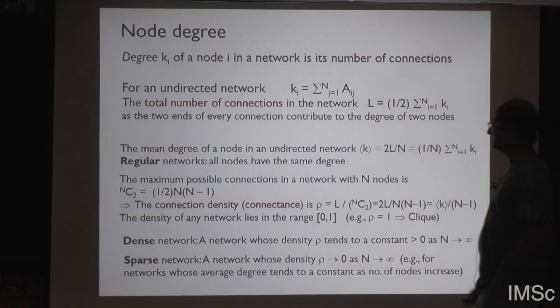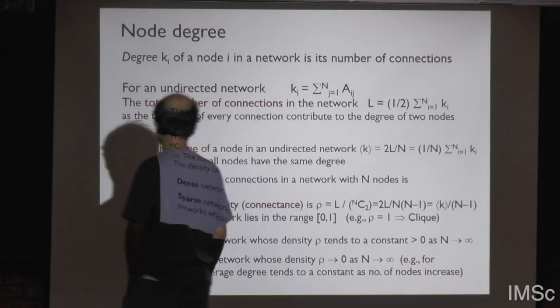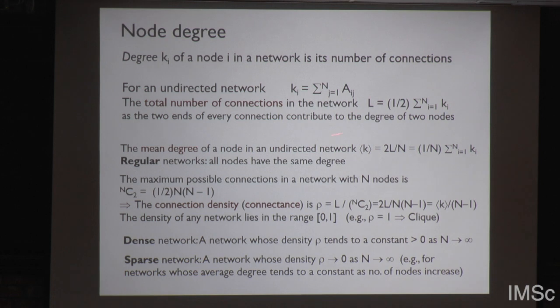So let's look at degree in some more detail. Okay? So as briefly mentioned in yesterday's lecture, you can calculate the degree of any node simply by taking a row sum or a column sum of the adjacency matrix for an undirected network. Okay? And the total number of connections in the network, as we saw in the beginning of today's lecture, is simply that you sum over all the degrees and divide by 2.